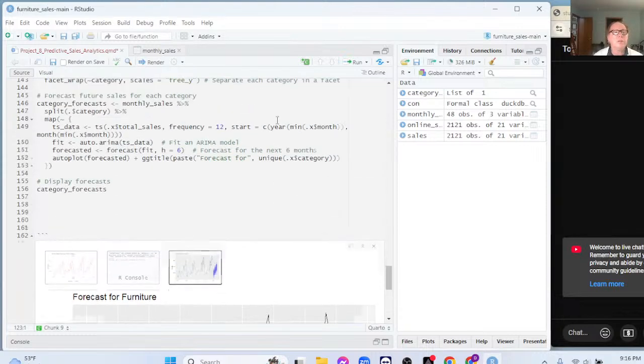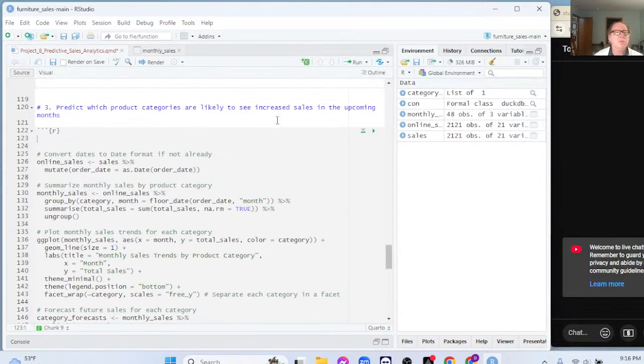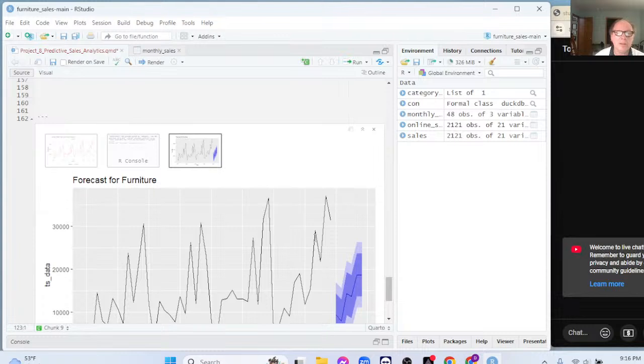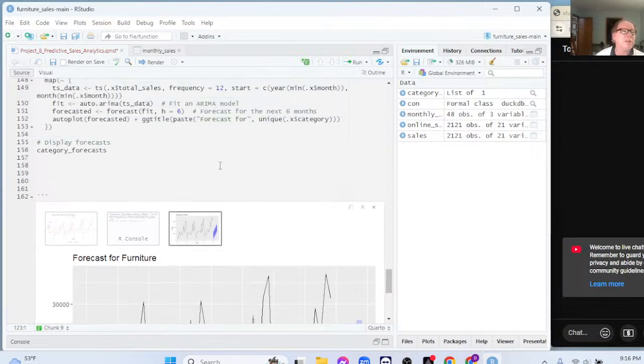Okay, forecast of, was the question products? Okay, let's change this. I mean, it gave us what we asked for, right? This ain't good. It's forecasting apparent decline in furniture sales. Of course, everything we have is furniture, right? Let's just try something a little funky up here, shall we?